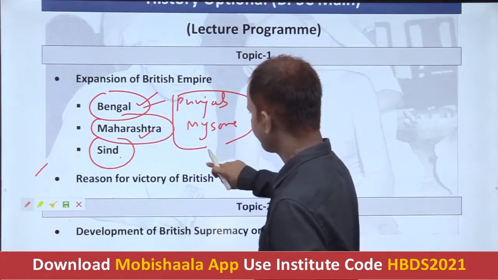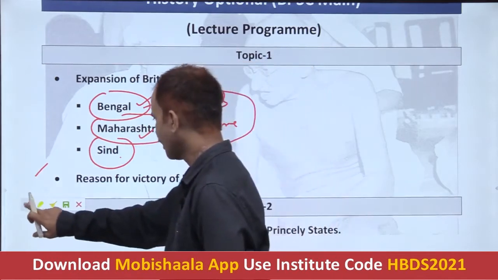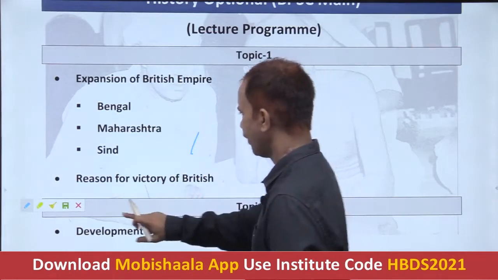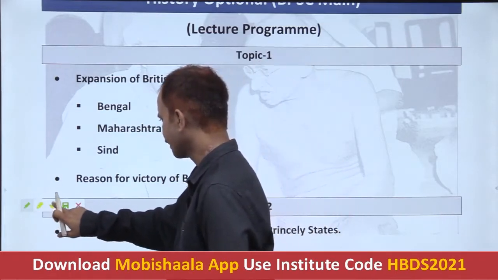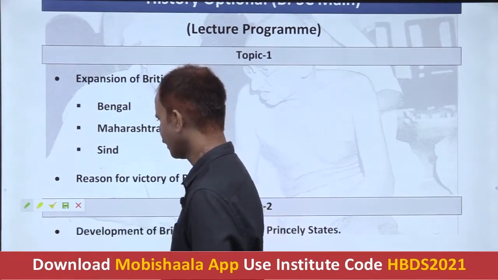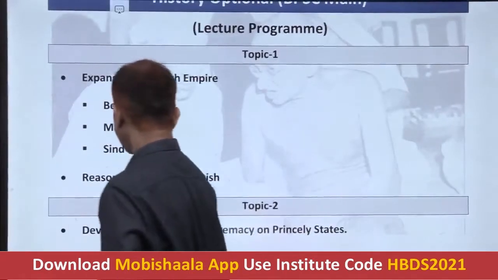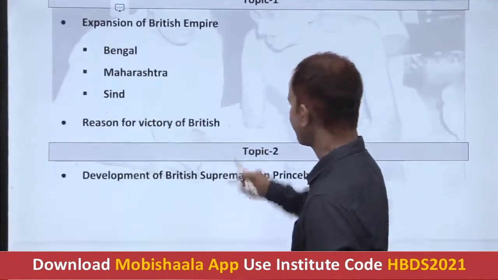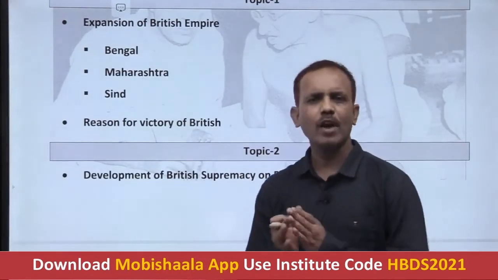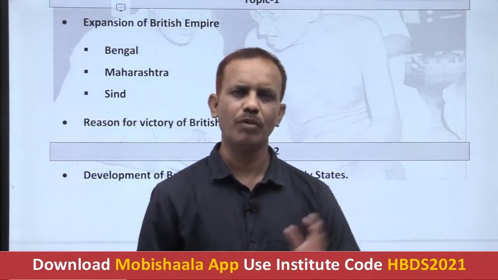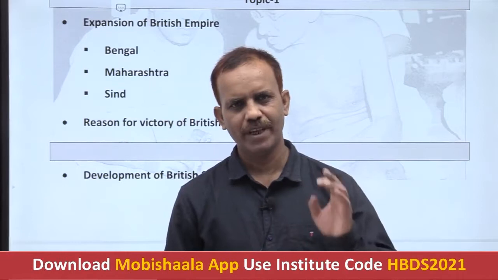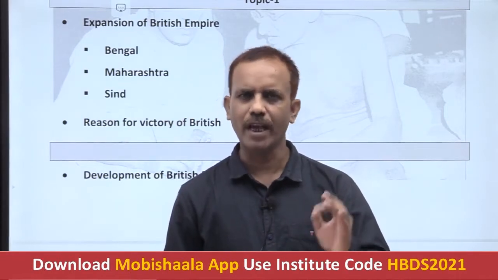Then after, the reasons for the victory of British in Bengal. Means what were the reasons which made the British company a political power in Bengal, Sindh and Maharashtra region.